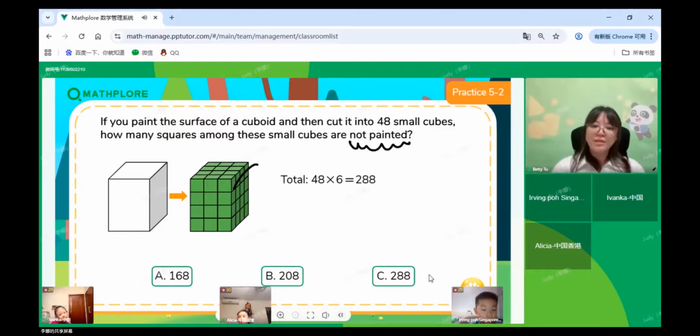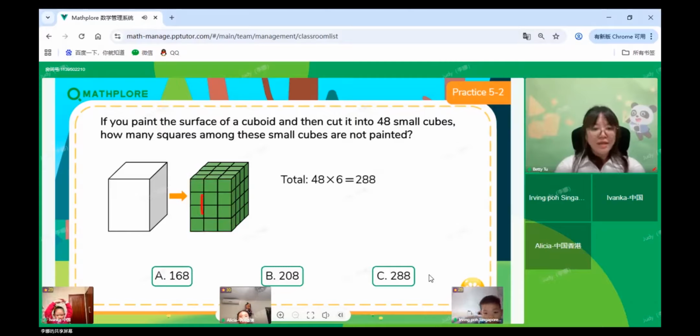So this time, because this is not a cube, this is a cuboid, we need to find out side by side. First, this side, how many squares are there in this side? 12. 3 times 4 equals 12, right?